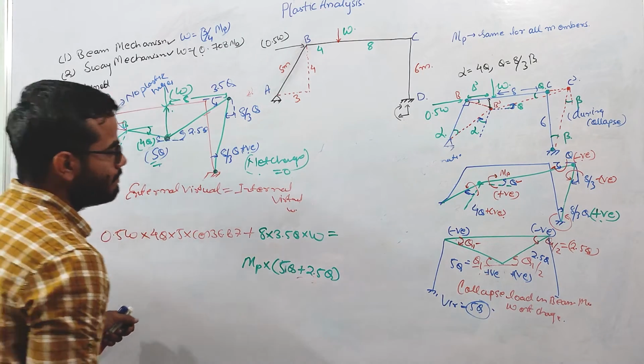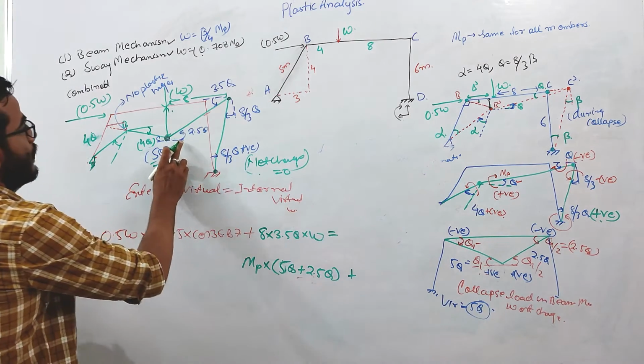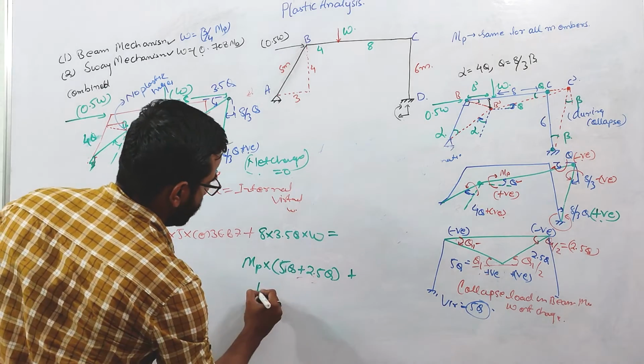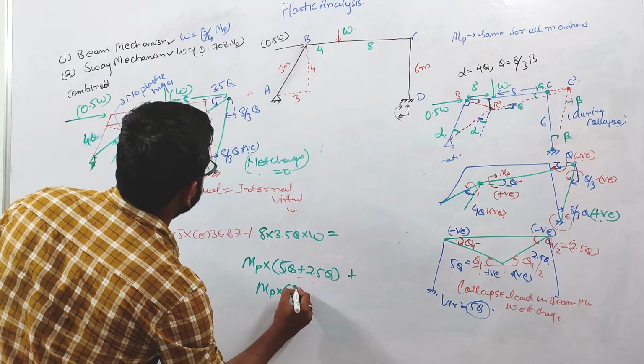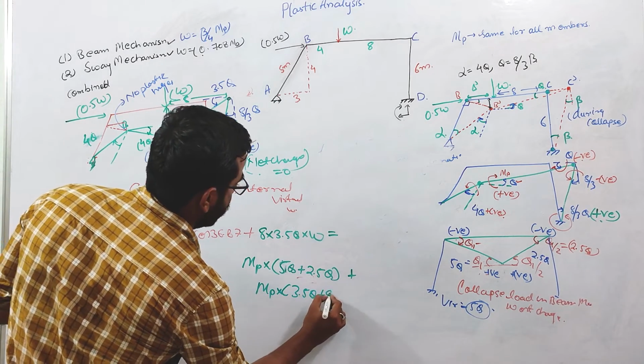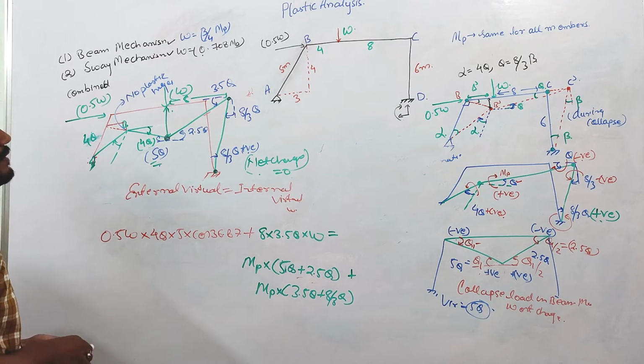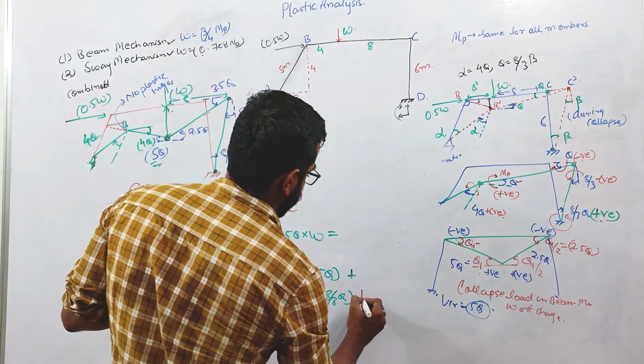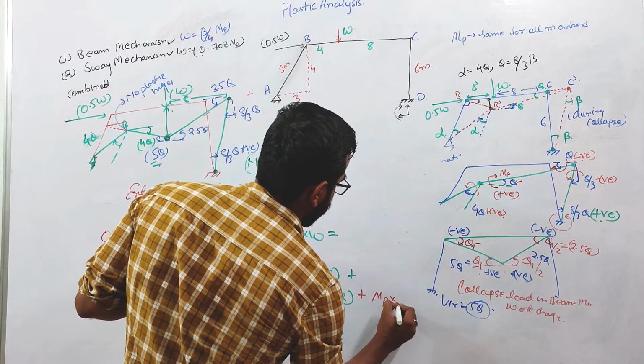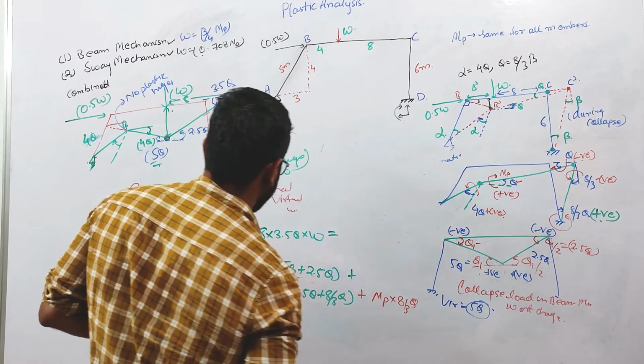Plus, at this point, it is MP into 3.5 theta plus 8 by 3 theta, plus MP into 8 by 3 theta.